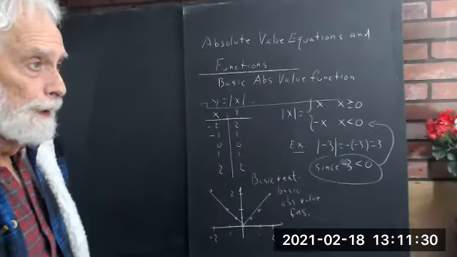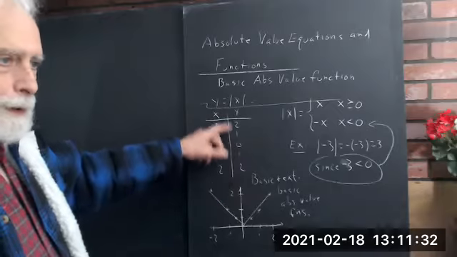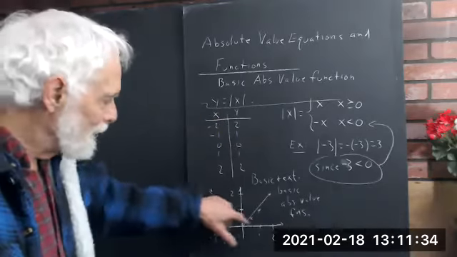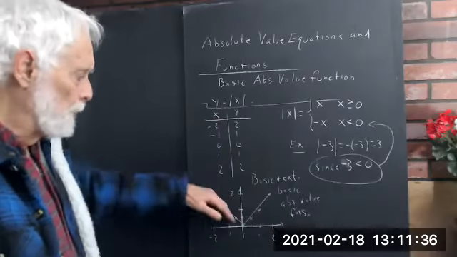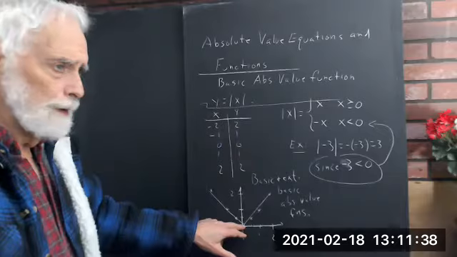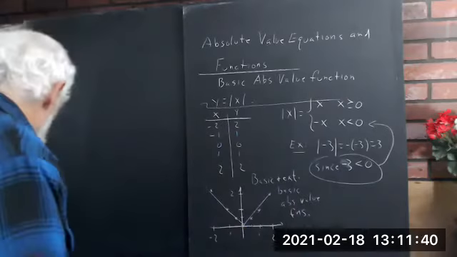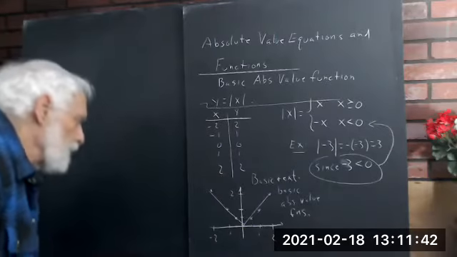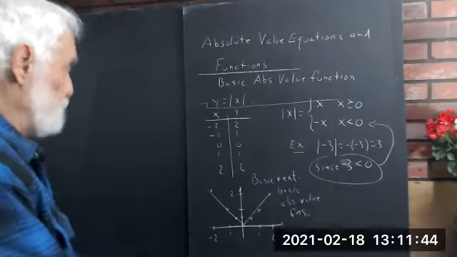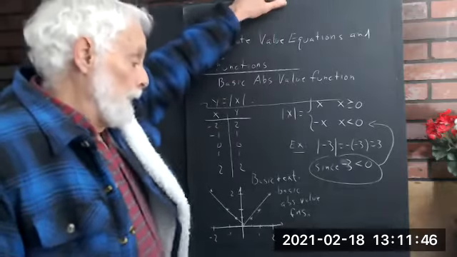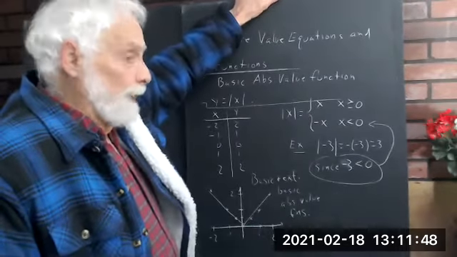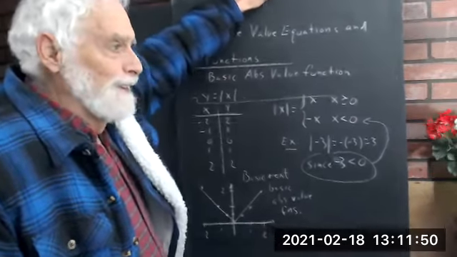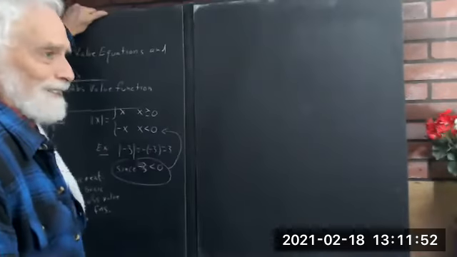It looks a whole lot like a parabola, except of course, since we're not squaring these numbers, everything's a straight line, 2 straight lines meeting at what we could call the vertex. We then got this.